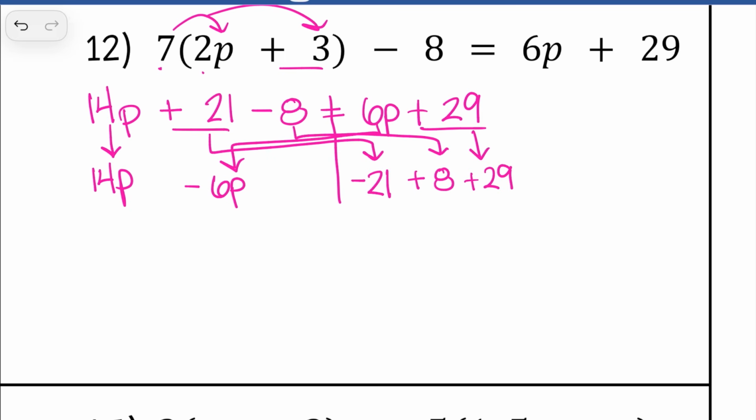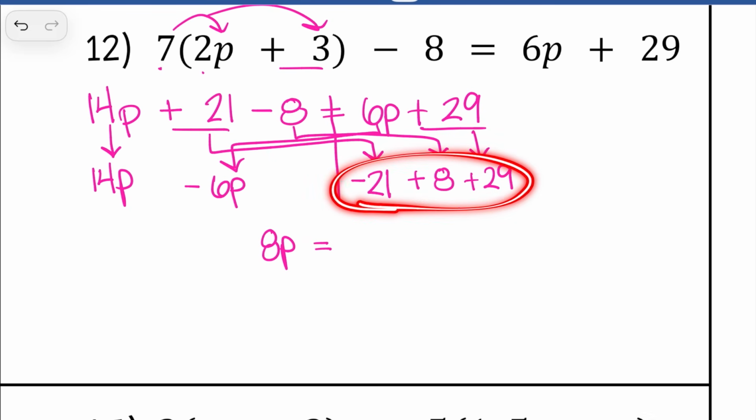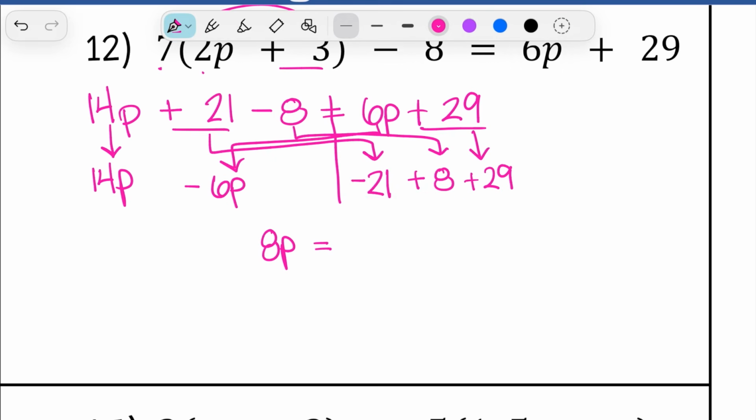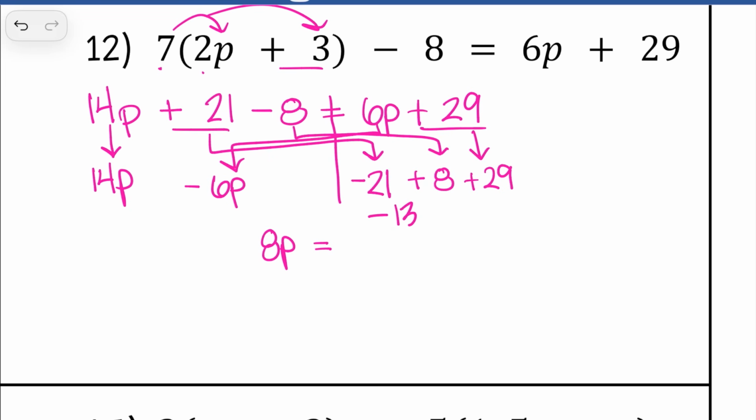Now we can combine our like terms. So I've got 14p minus 6p is 8p. I'm going to bring down my equal sign. And then I'm going to combine this. So I'm going to start off with negative 21 plus 8, oops, sorry about that. Negative 21 plus 8 is going to be negative 13.